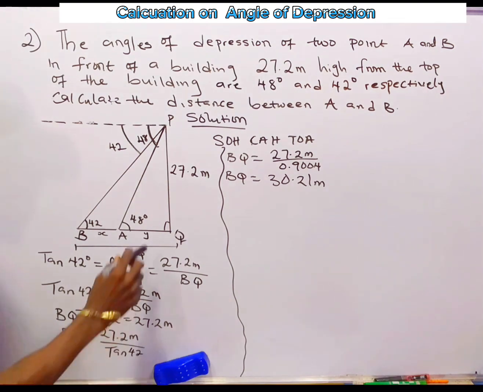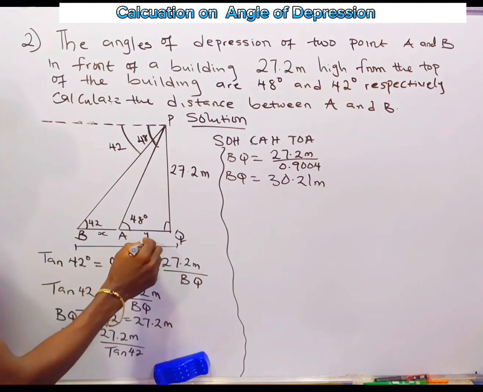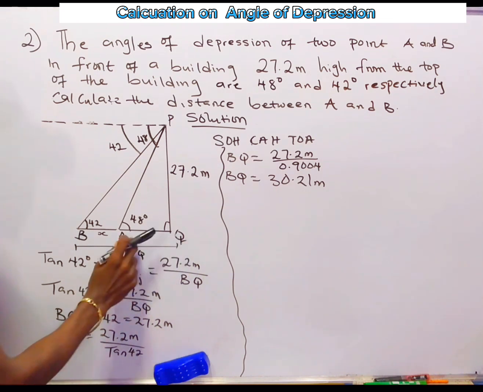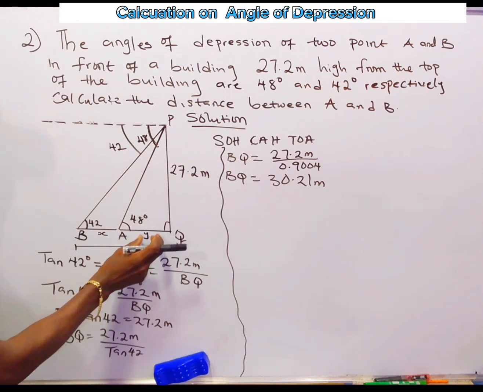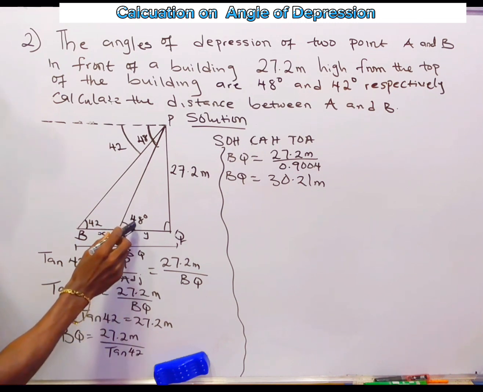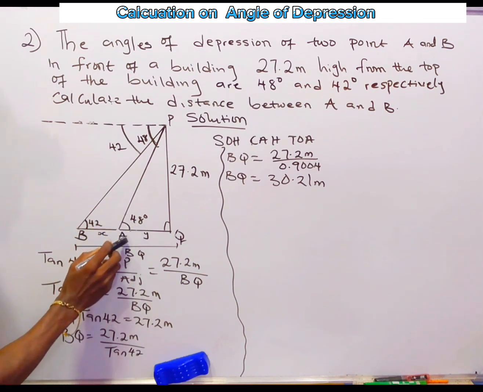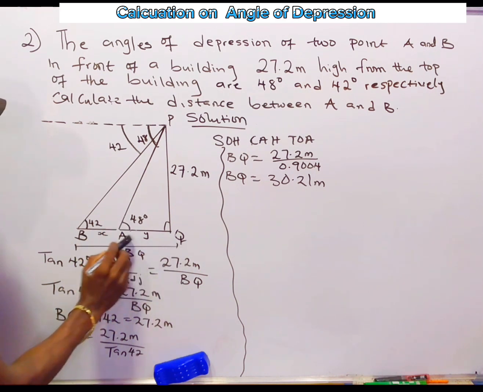Also, let's find length Y, which is length AQ. To get length AQ, represented by Y, let's use the trig ratio with angle 48, because the 48 degree angle covers length AQ.